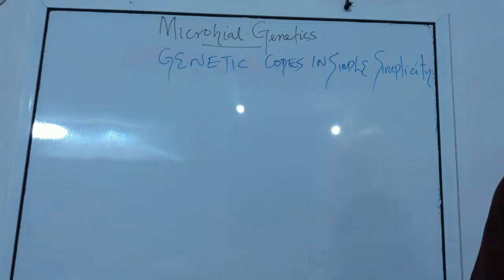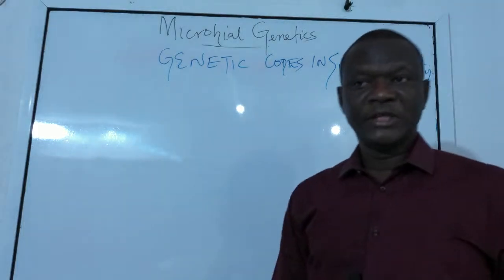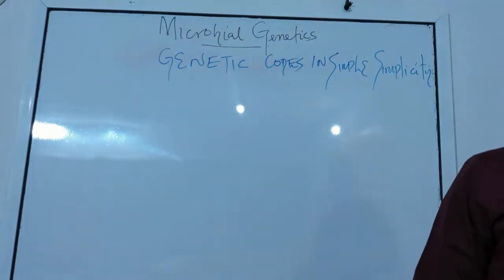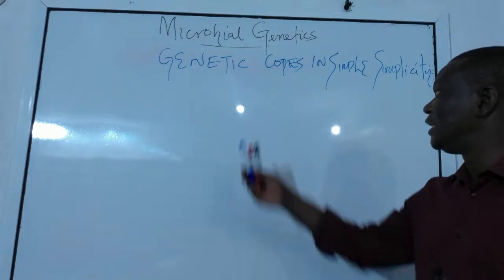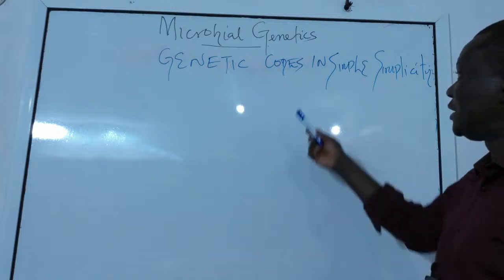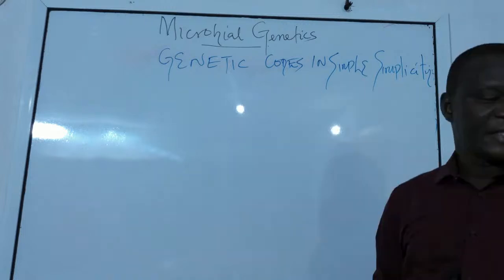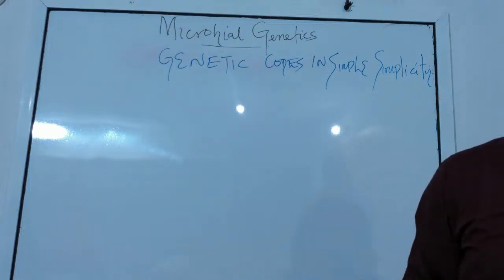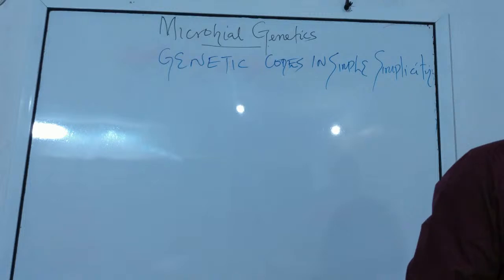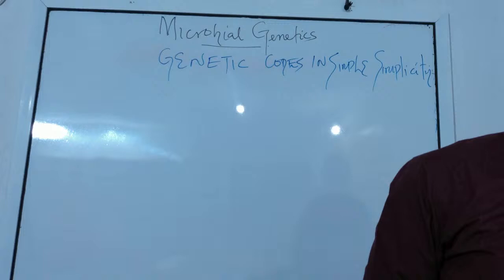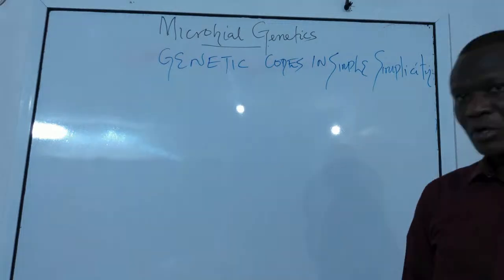In our previous video, we talked a lot about genetic codes. So today again, we want to see how we can learn the genetic code in very simple language, and that's why I titled this Learning Genetic Codes in Their Simplicity. If you want to write any exam, be it in medicine or any biologically related field, you don't actually need to memorize anything.